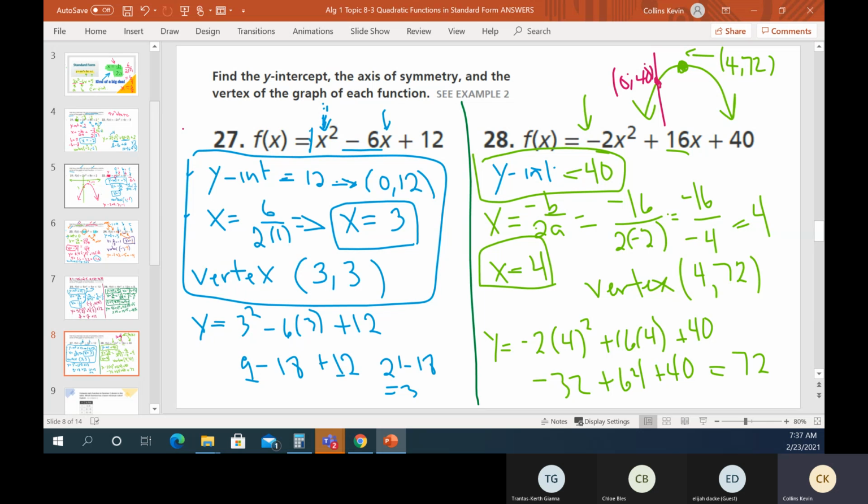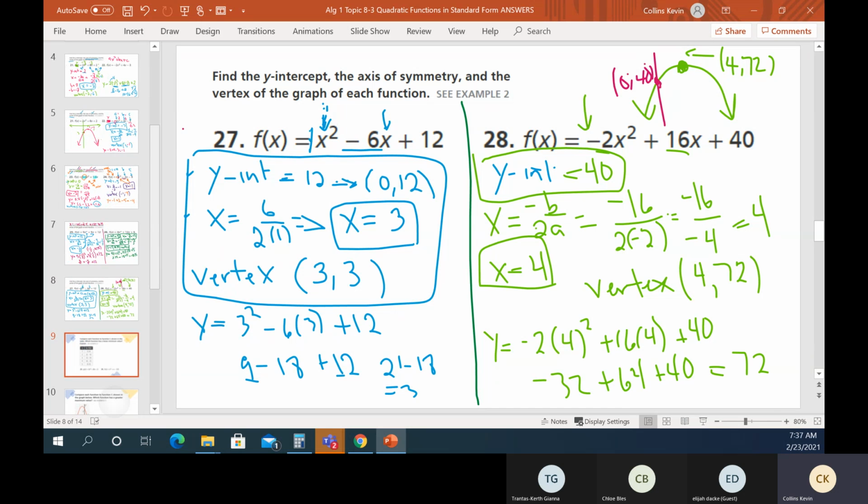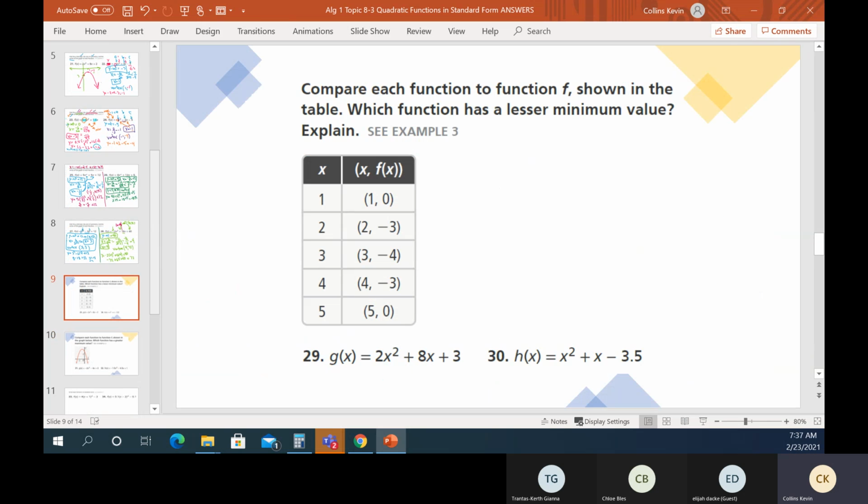Okay, so we got our procedures down. Let's see what other kind of curveballs they can throw for us here. It says compare each function to f. I guess this is f right here. Says which function has the lesser minimum value.